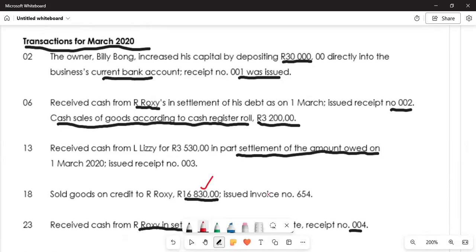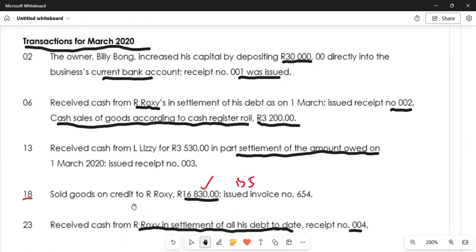The debtors journal is all about what we sold to our customers on credit. That is why they become debtors. So that is why the transaction says we sold goods on credit to Roxy for 16,830. So this is our debtors journal, our DJ. It affects our debtors journal.